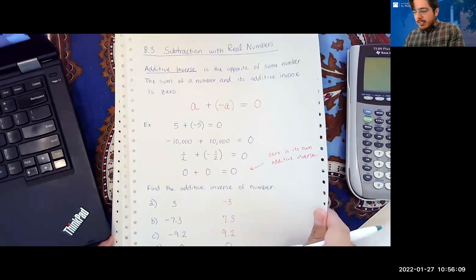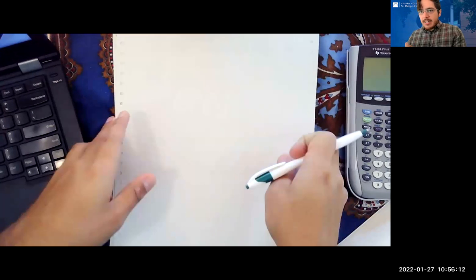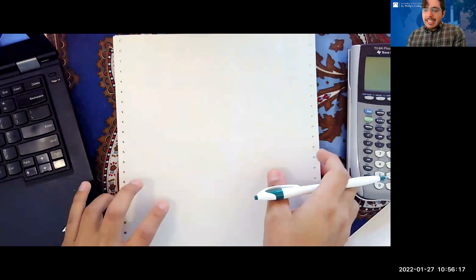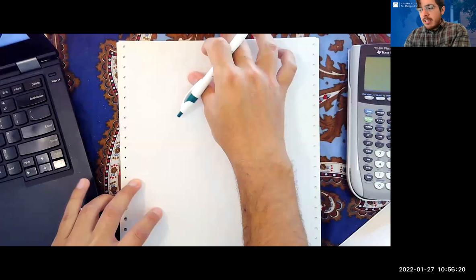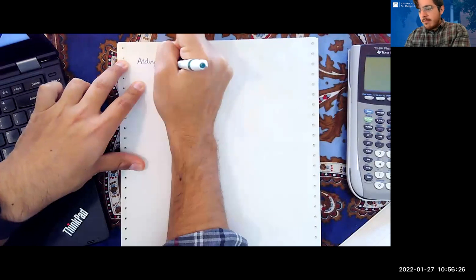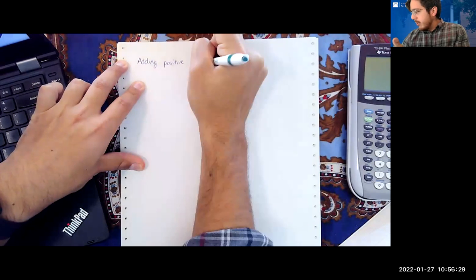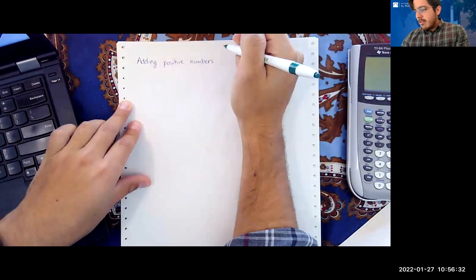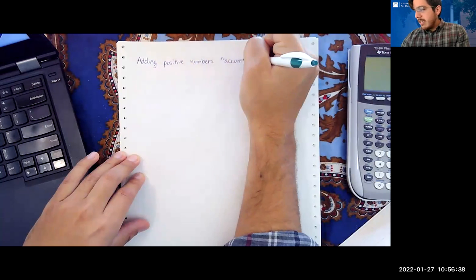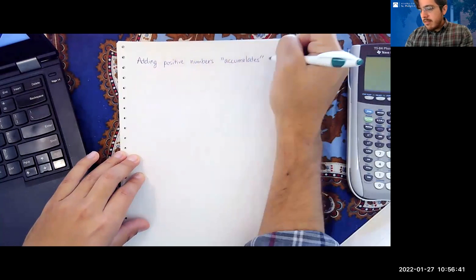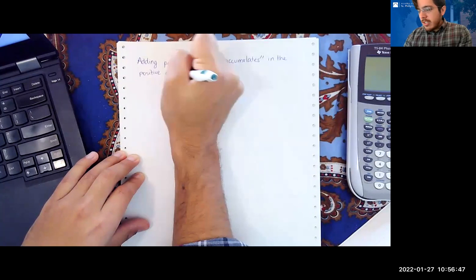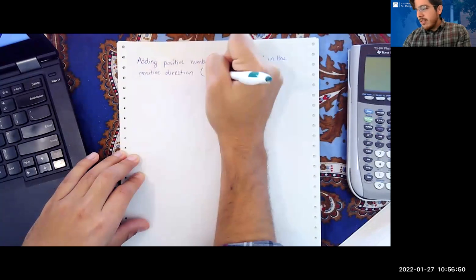All right, so when we're adding numbers, especially positive numbers, we think of that as adding up or piling up or moving us to the right on the number line. But that's only going to be true for adding positive values. So adding positive numbers, we can think of accumulating in the positive direction, which is the right direction on the number line.